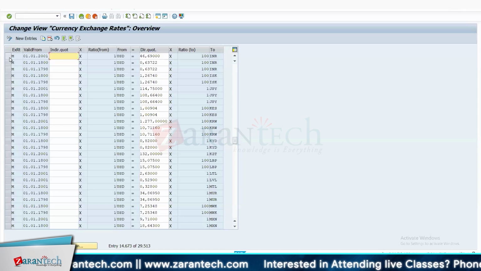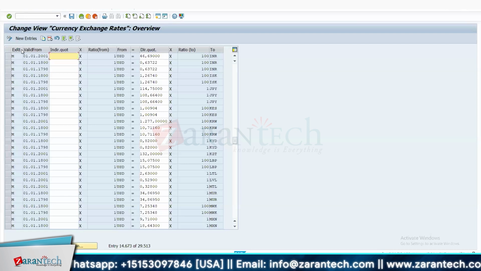For example, if I'm creating a vendor invoice on, let's say, 12th of April, and the vendor invoice is in dollar and I don't know the rate, it will always check the day before yesterday's date. Whatever is the latest date, it will take up that date when I'm posting the invoice. So in case I want the exact rate between dollar and INR, I have to go and fill up this rate manually in SAP.